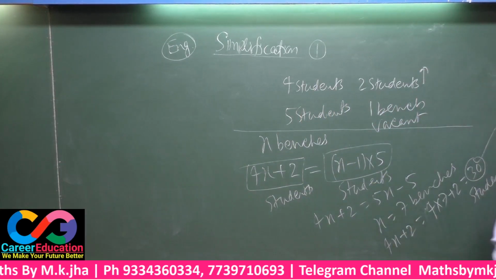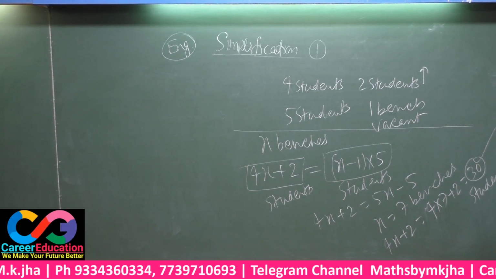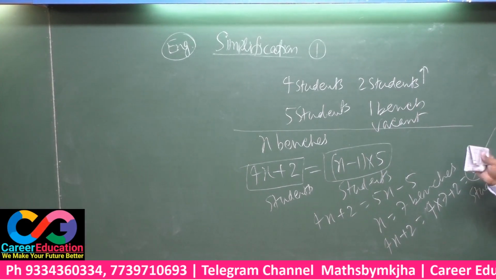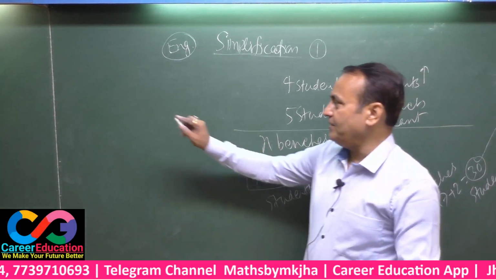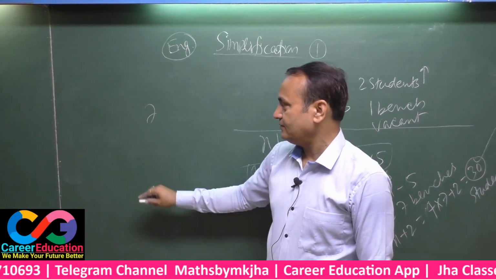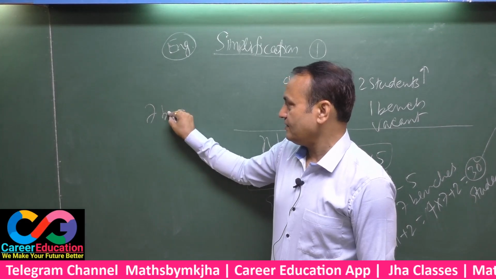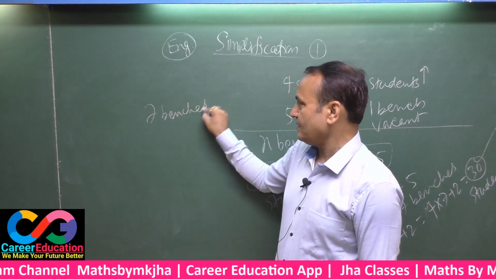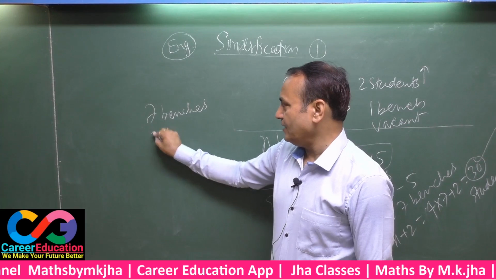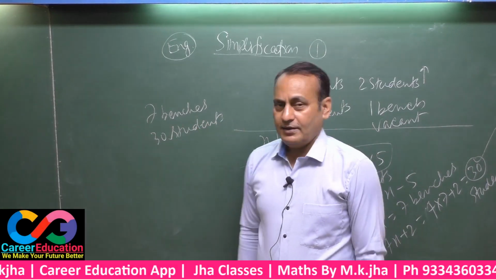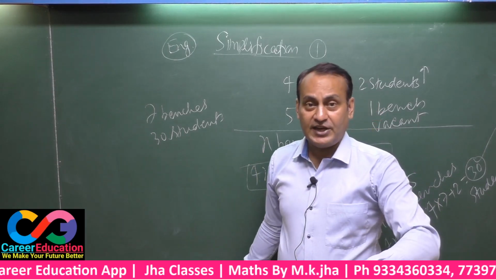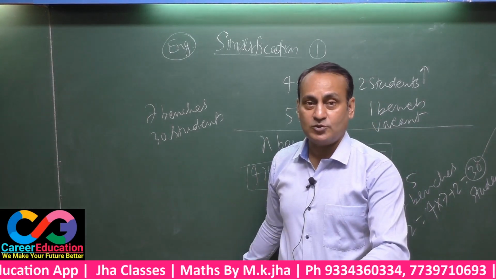In order to have practical knowledge, see here, this is the correct answer, no doubt. You have to check it through a practical approach. Now each scene is clear. See here, there are 7 benches in a classroom and 30 students in that classroom.